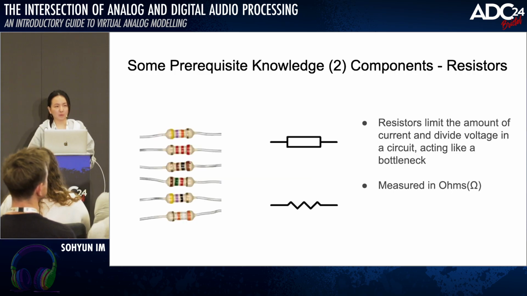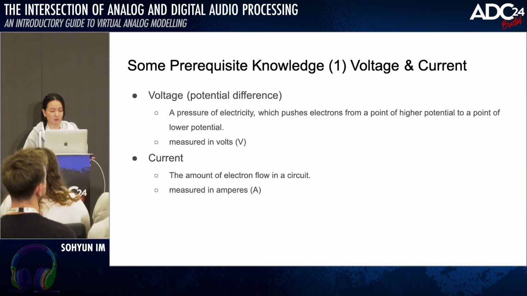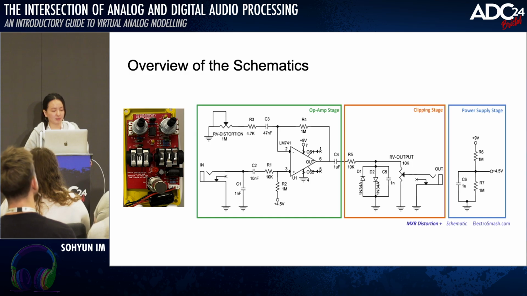And we also need to look at some components which make up our circuit. Can I just briefly go back to the overall schematic? It can seem a bit complicated, but actually there are only 1, 2, 3, 4, 5 components here: resistors, capacitors, diodes, operational amplifiers, and potentiometers.